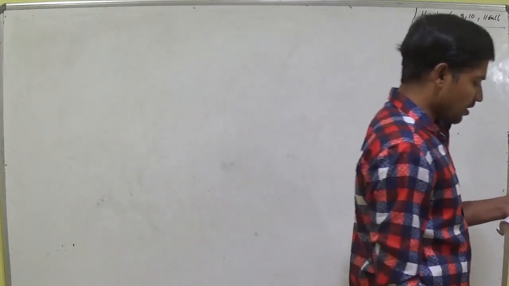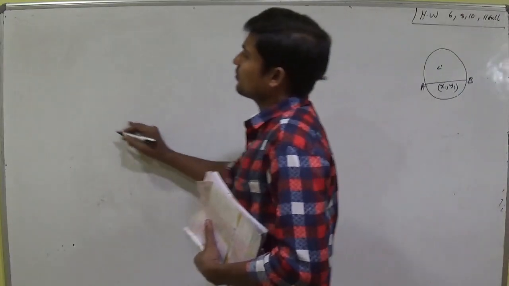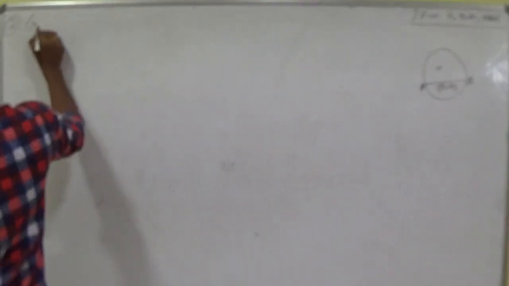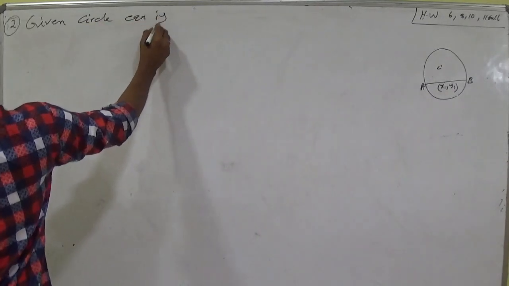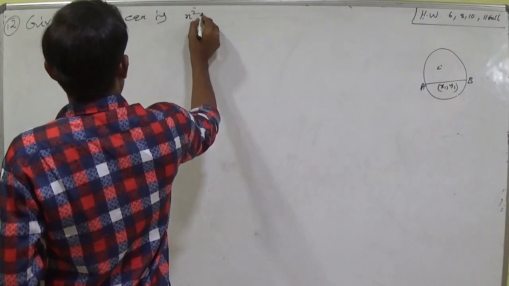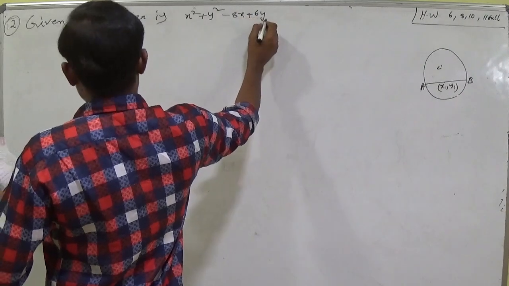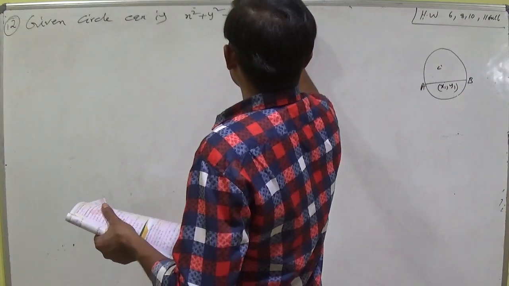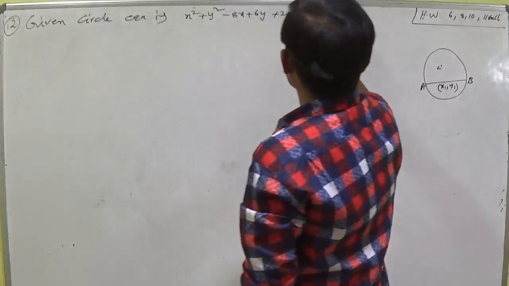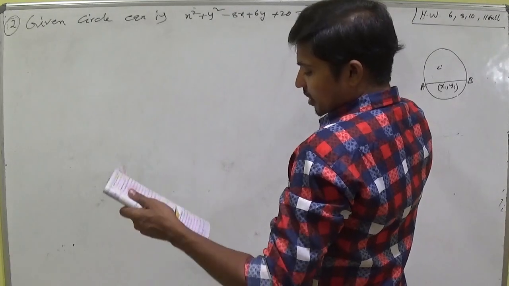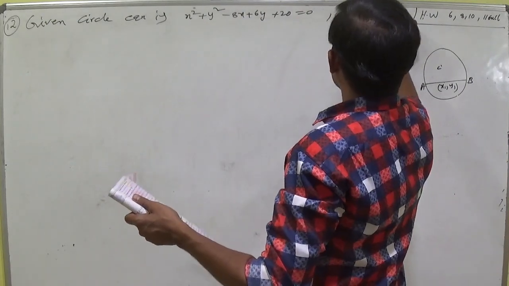The given circle equation is x square plus y square minus 8x plus 6y plus 20 equal to 0 and the line is 3x plus 4y plus 5.